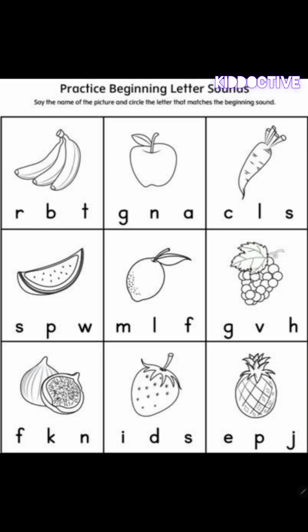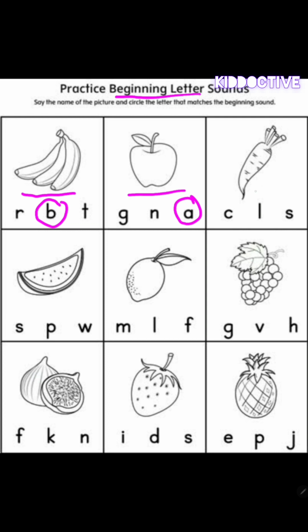Now practice beginning letter sounds. Say the name of the picture and circle the letter that matches the beginning sound. This is the picture of a banana, so B for banana. B for banana, beginning letter is B. Now coming to apple, A for apple.